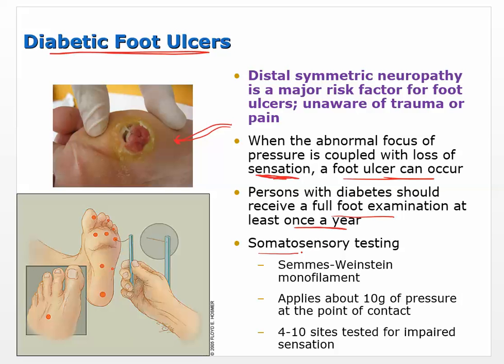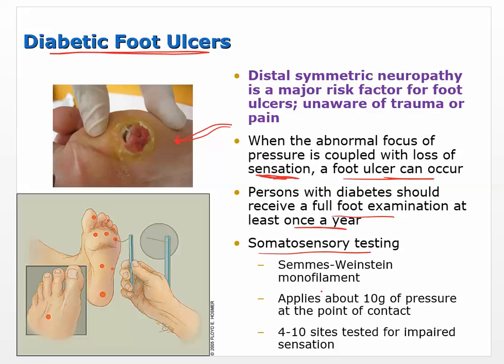Okay, so somatosensory testing, how do they test it? The Semmes-Weinstein monofilament. Basically, it's just this little filament that you can poke, and you poke until it bends. And these are made to only bend when they've applied a specific amount of pressure.